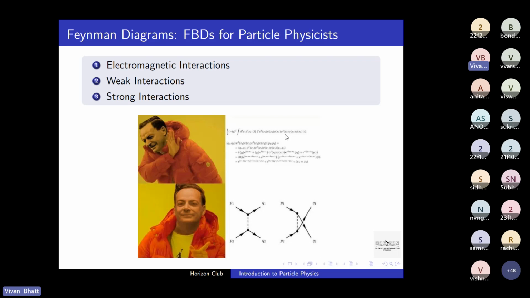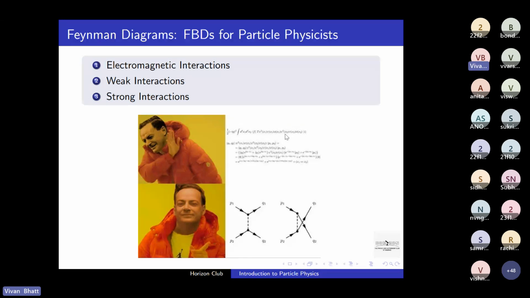There are different rules for writing all three interactions, and all of these rules have all the symmetries built into them. So it becomes a very nice tool. It becomes very intuitive when you know the rules for Feynman diagrams, to see what decays and what interactions could be allowed, what would be forbidden.